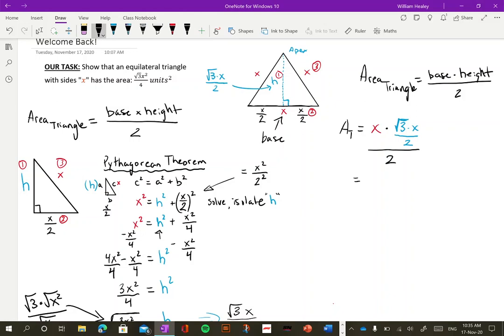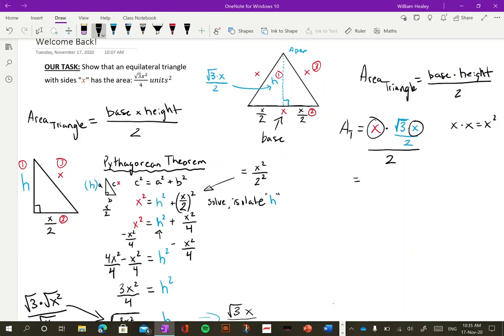When we multiply the top, the numerator, well, we have 1x here, and this is square root 3 times x. We know that x times x is x squared. There, we will write that.